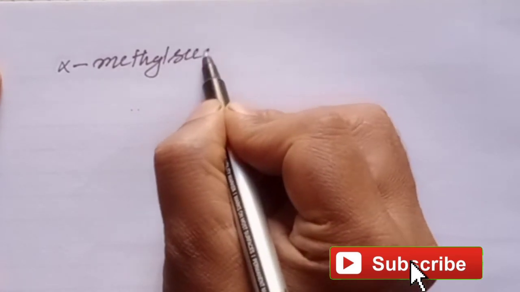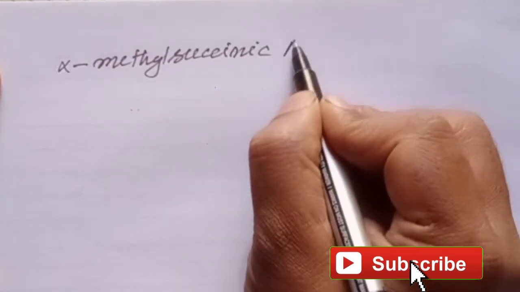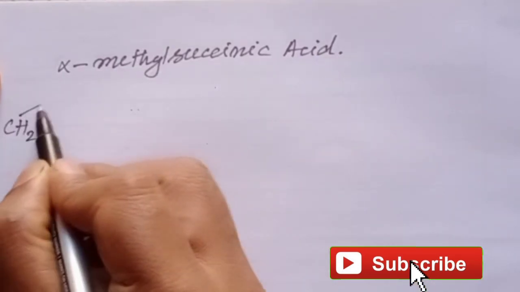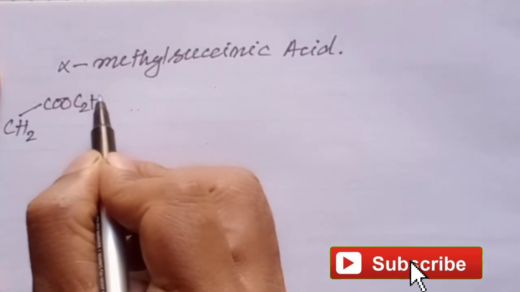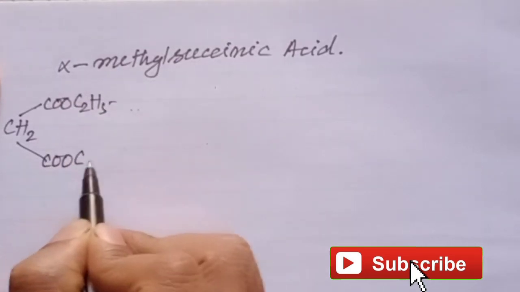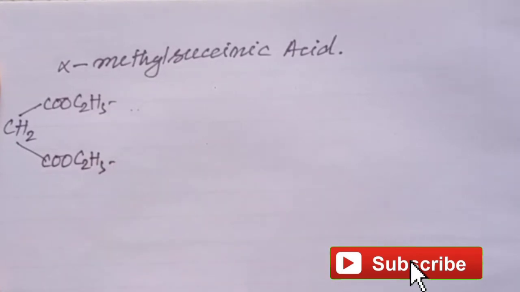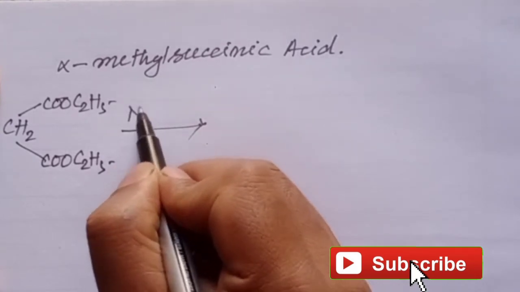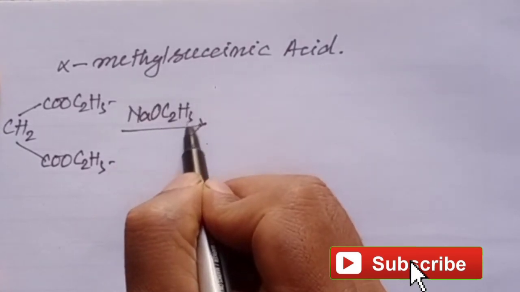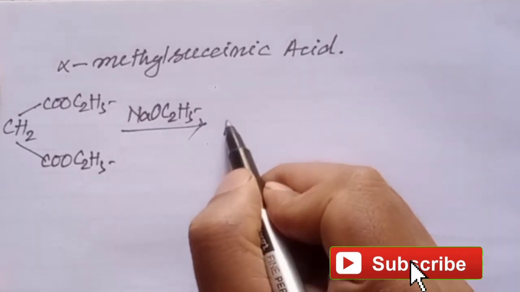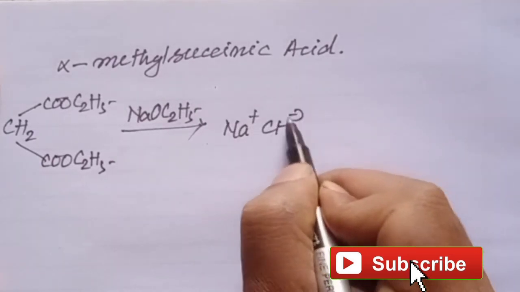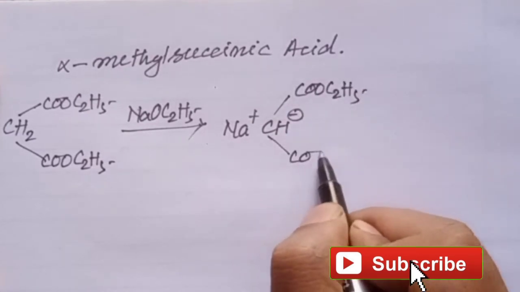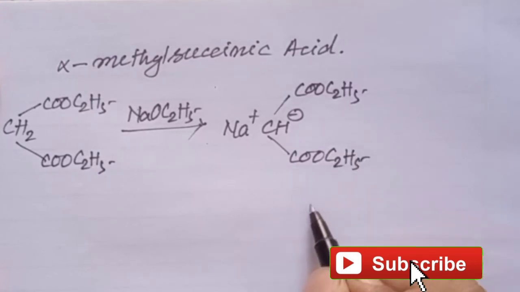Alpha methyl succinic acid. Same way, you just prepare CH2 for diethyl malonate, COOC2H5 COOC2H5. The base, that is sodium ethoxide, NaOC2H5, will be added, so that product will be Na plus CH minus followed by COOC2H5. Here also COOC2H5.